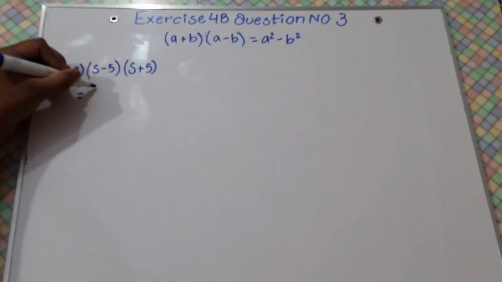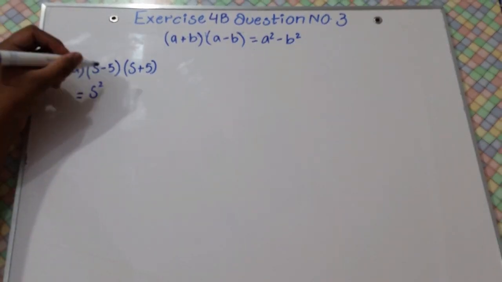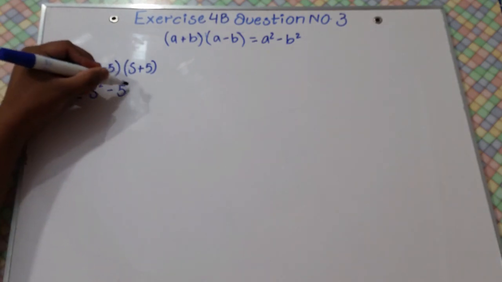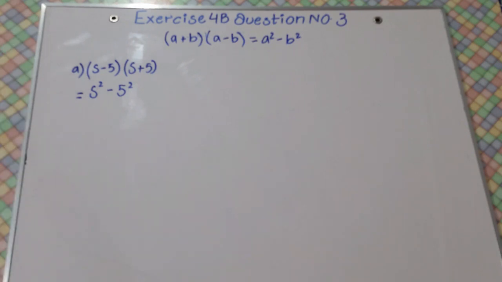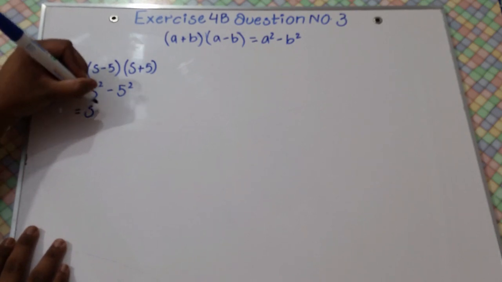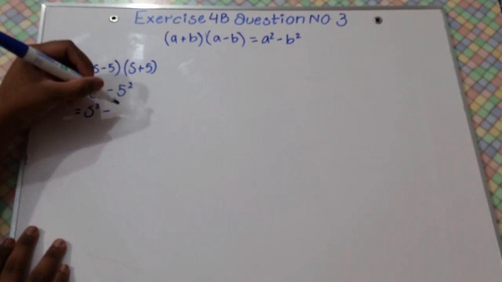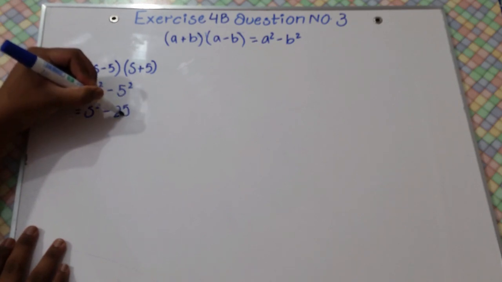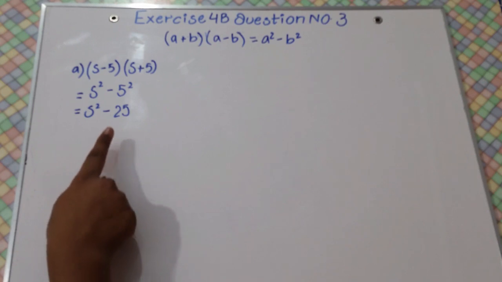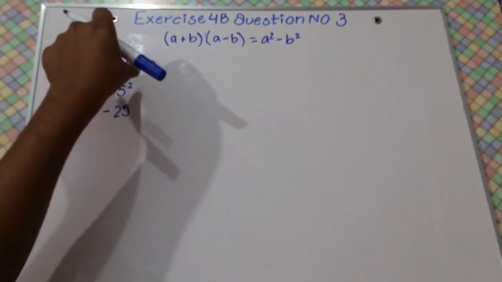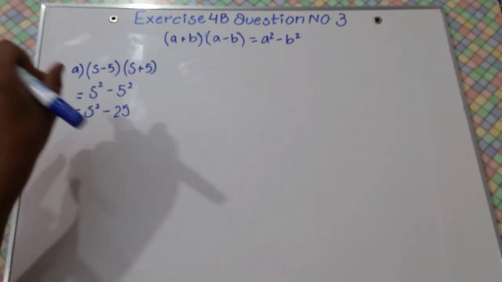So s into s is s square, minus plus is minus, and 5 into 5 is 5 square. We are going to write it in square form, and then we need to solve the square also. So s would remain as it is, and 5 square is 25. Okay, so now we have solved the square also. Means we need to give the answer of the brackets in the form of square numbers.